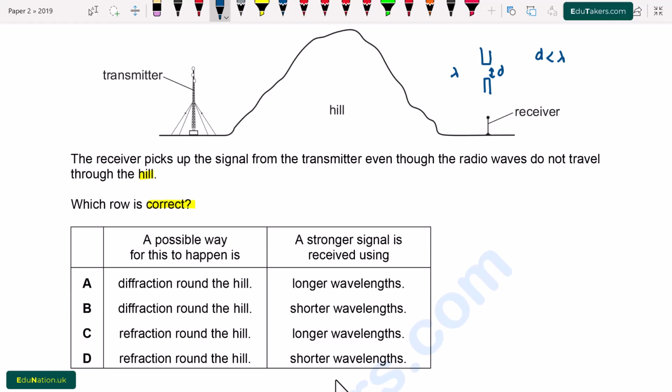But if the separation is larger compared to the wavelength, then there will be small diffraction. Here we need to send the transmitter signal to the receiver through diffraction, and to diffract the signal to a large extent, it means that the wavelength of the signal should be large, because we want to obtain more diffraction.